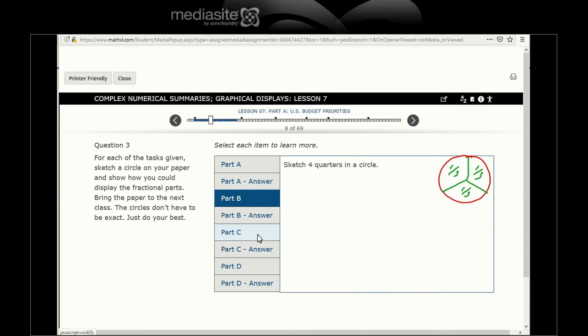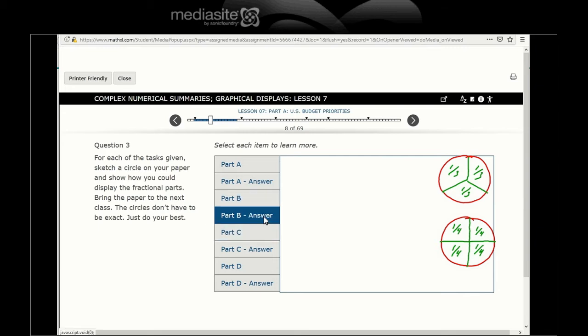Sketch fourths in a circle. The easiest way to do this is to make a half and then cut the half in halves. So I have fourths. Eighths.